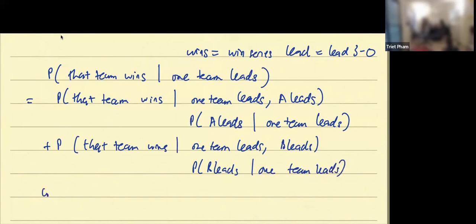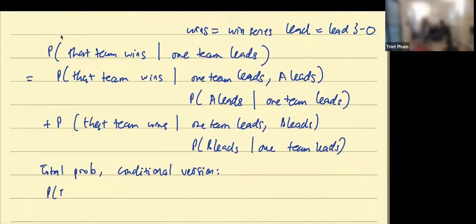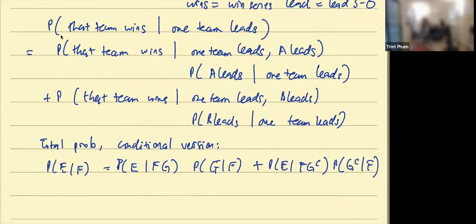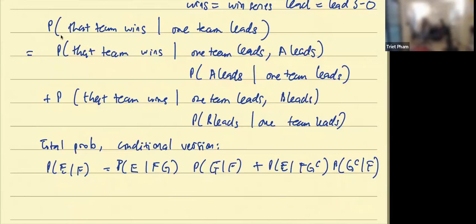Again, this is the law of total probability, but the conditional version, which is P of E given F is P of E given FG times P of G given F, plus P of E given F G complement times P of G complement given F. And now we know what these are from the previous calculation.